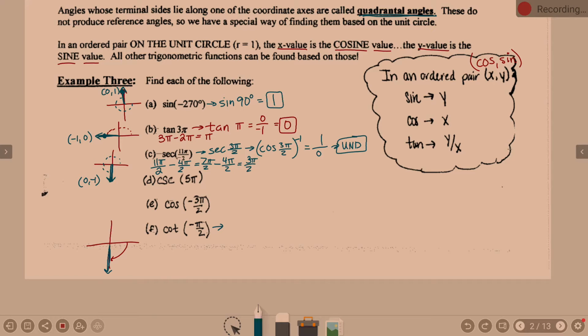Now, if you are still thinking, I'm not sold on those negatives, could you change that to a positive? If you want the coterminal angle, remember you can find that equivalence. Take negative pi over 2 and add 2 pi. So add 4 pi over 2, and you're at 3 pi over 2. Or, in other words, as Tori said, 270.